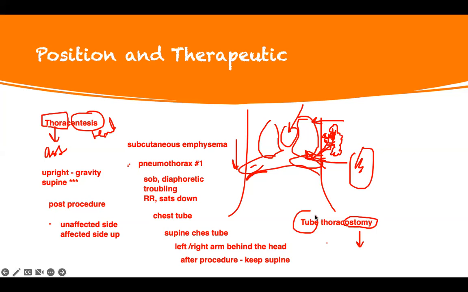A tube going into the thoracic cavity through a hole. That's what a chest tube is. So if they give you tube thoracostomy, it means chest tube. If they give you thoracentesis, it means you put in a needle to take fluid out. If you put in a tube to take the fluid out, it becomes tube thoracostomy. That's chest tube.